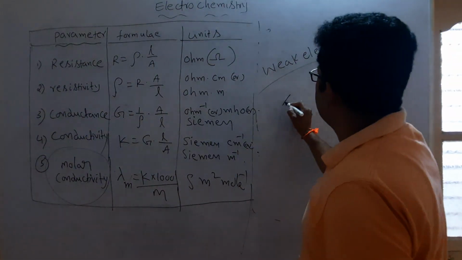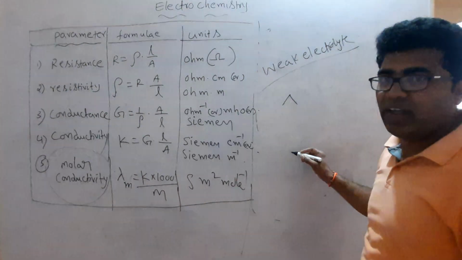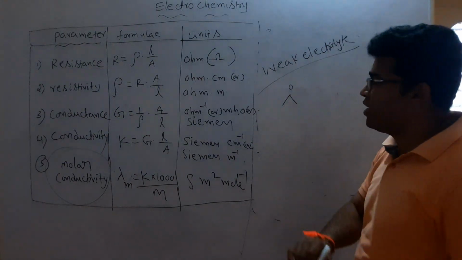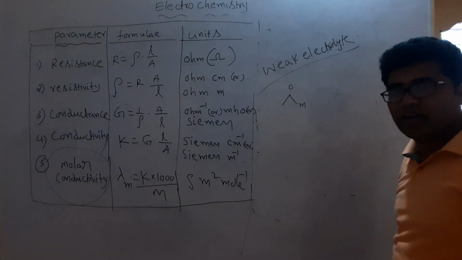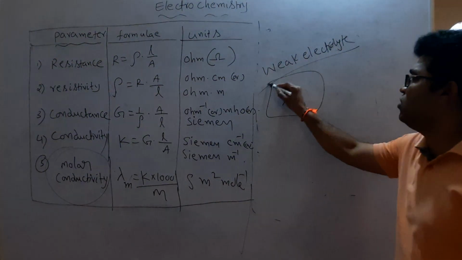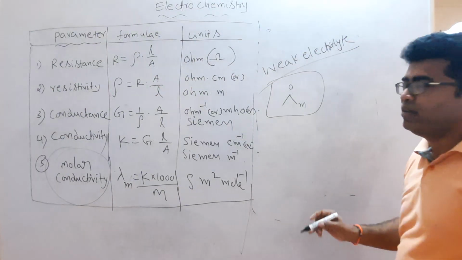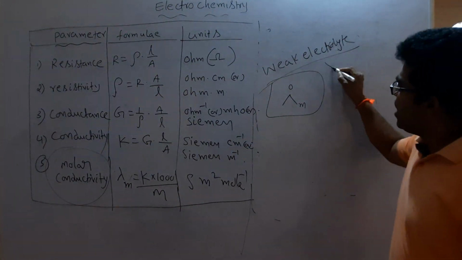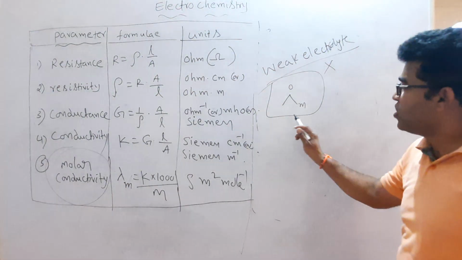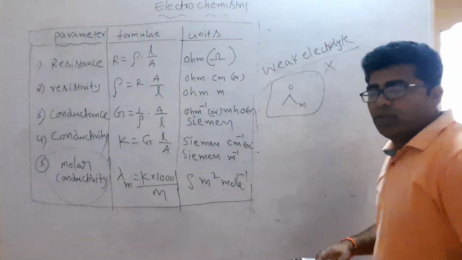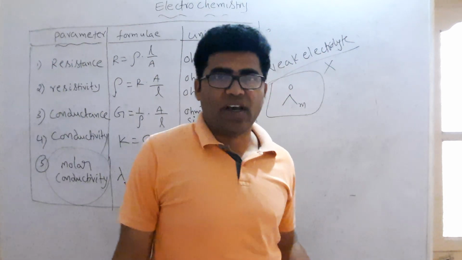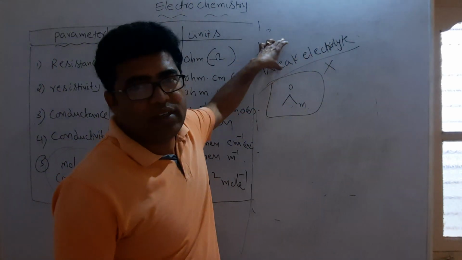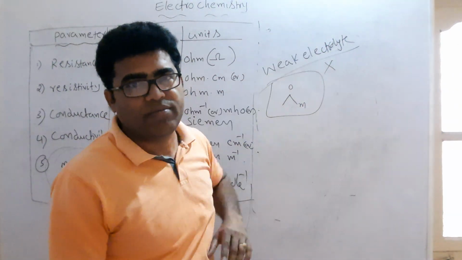The molar conductivity at infinite dilution is denoted as lambda naught, which is not possible experimentally. So experimentally we cannot find the molar conductivity of a weak electrolyte at infinite dilution.